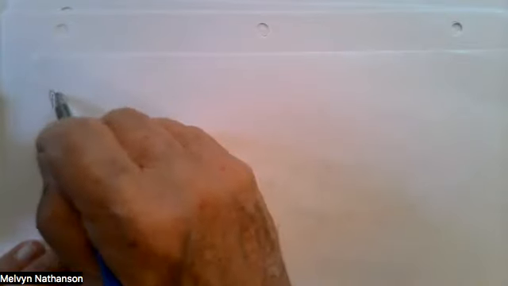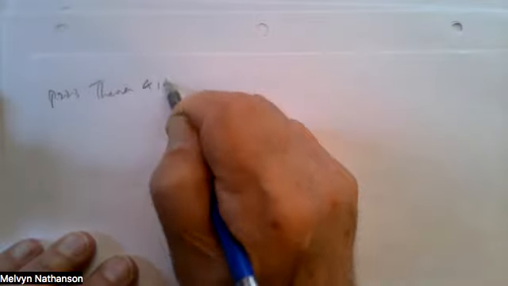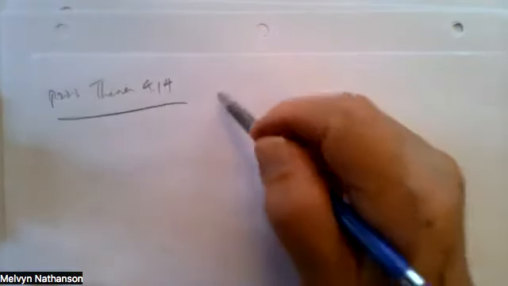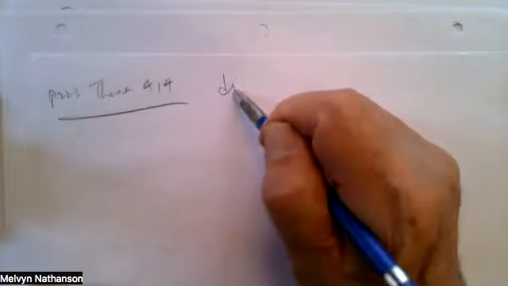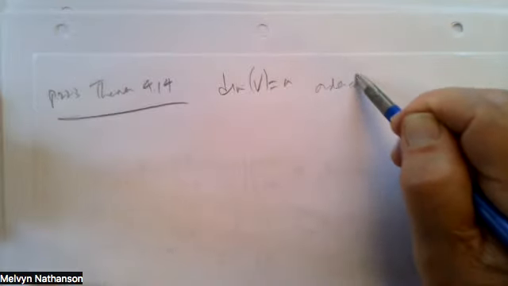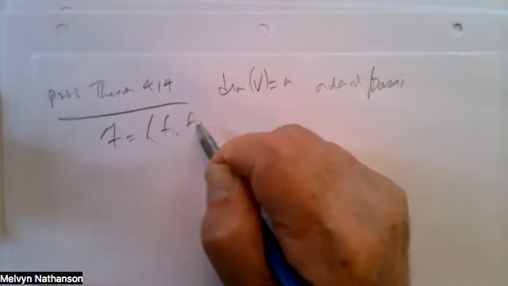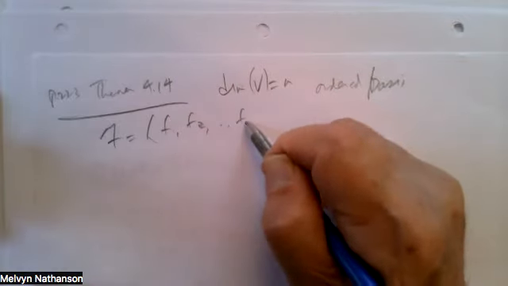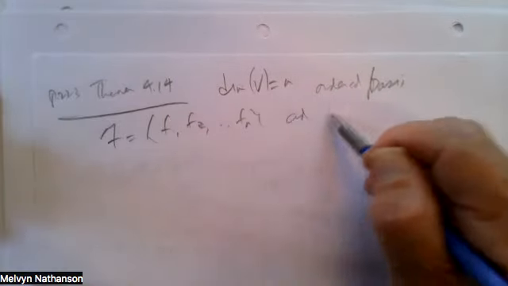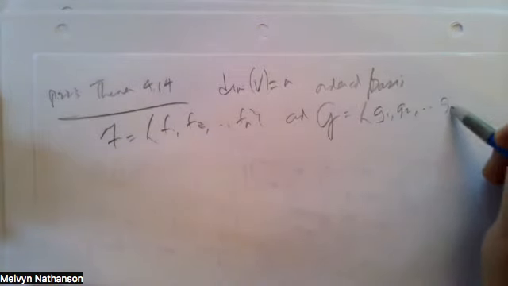So this is on page 223, theorem 4.14. So we have V as a vector space. The dimension of V is n. And we have ordered bases, two of them, script F, which consists of the vectors F1, F2 up to Fn, and a basis G consisting of the vectors G1, G2 up to Gn.